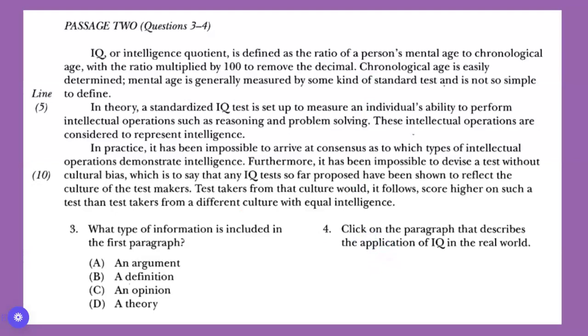Now, if I use the strategy of reading the first line, I would quickly notice that it's in paragraph 3 because it says here, in practice. And in practice means that they will apply the knowledge. So it would be paragraph 3. Let's see another example.